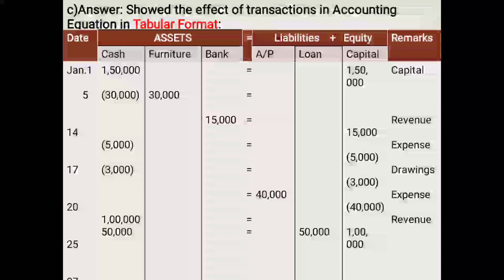So this is a negative amount of 5,000 in the cash column, and 5,000 for expense, that is, equity decrease. So 5,000 is a decreased, or negative, amount in the equity column. Due from the business, there is a negative cash amount of 3,000 in the cash column, and also a negative amount of 3,000 in the equity column.